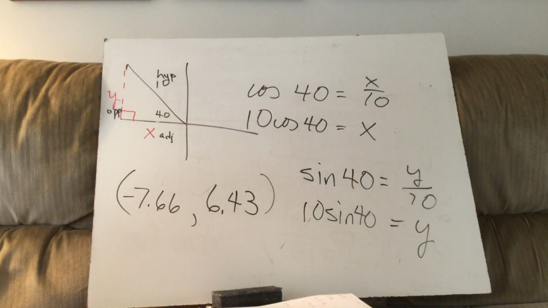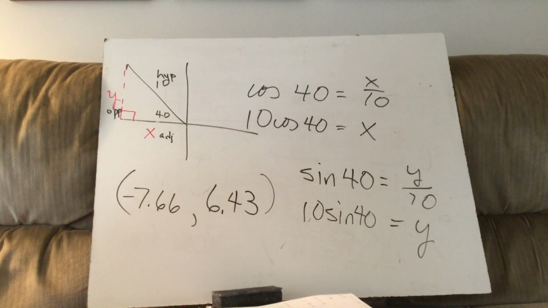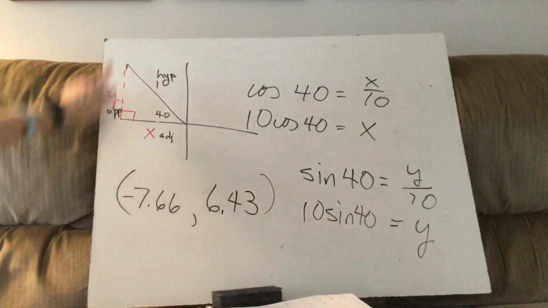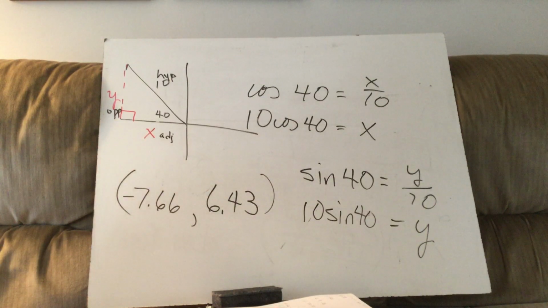We do. That 7.66 has to be negative because we are now in quadrant 2. Now, will the 6.43 still be positive? Sure it will, because it's still going up. So y is positive, but x is negative.